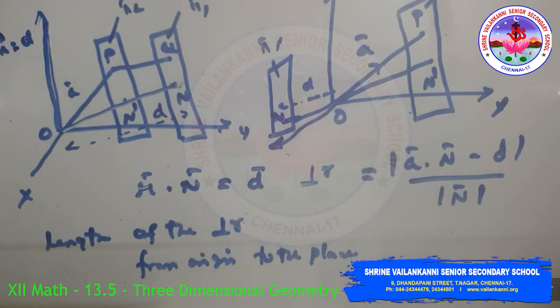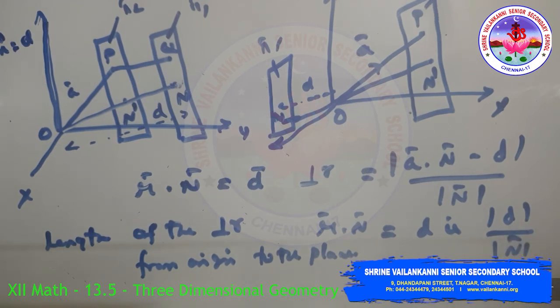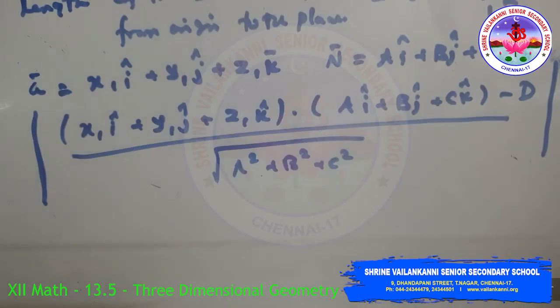Length of the perpendicular from the origin to the plane r dot n equal to d is d by modulus of n, since a is equal to 0. Writing this in Cartesian form, let P be x1, y1, z1, the given point with position vector a, and ax plus by plus cz equal to d the Cartesian equation of the given plane.